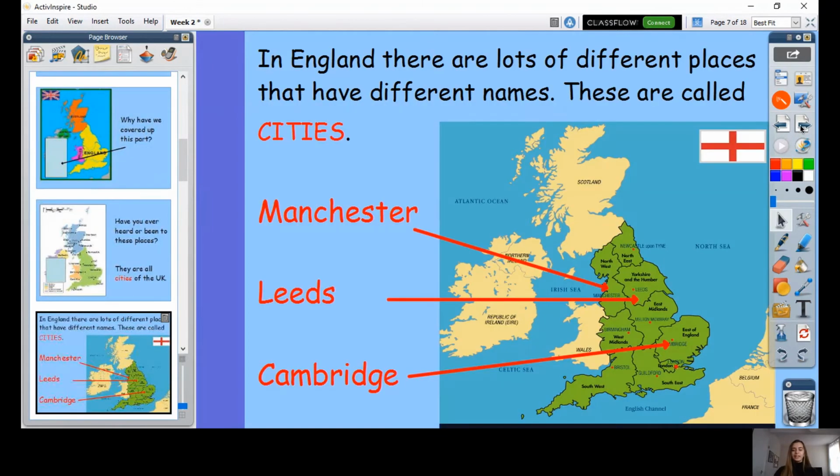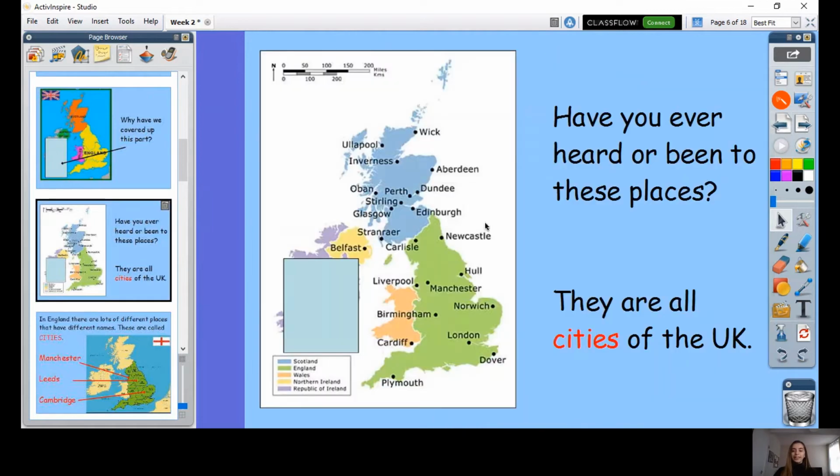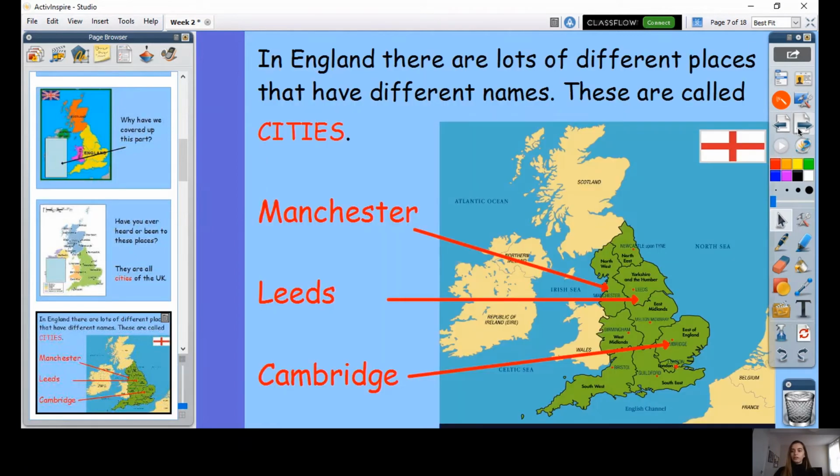Excellent. In England and in Scotland and in Wales and in Ireland, we have so many different cities. Let's look at the cities that we can find in England. So we live in England, and there are probably lots of cities that you have been to. Let's have a look.